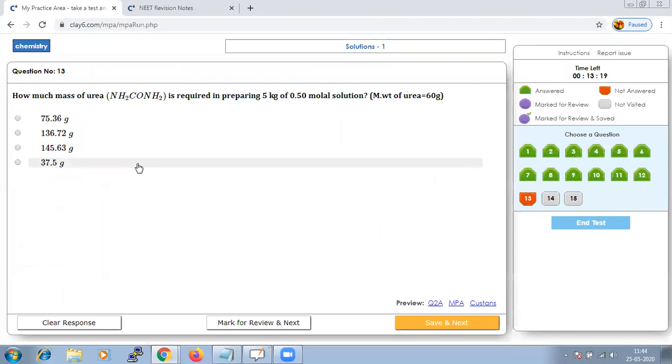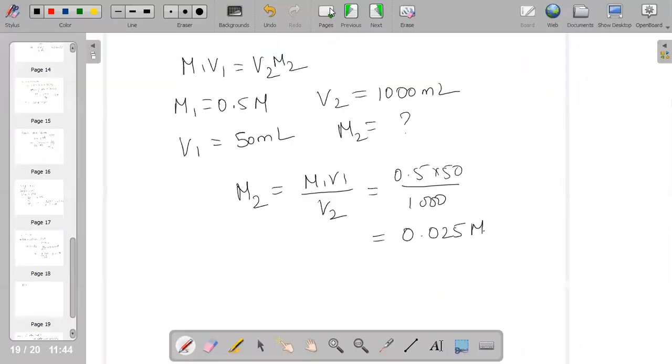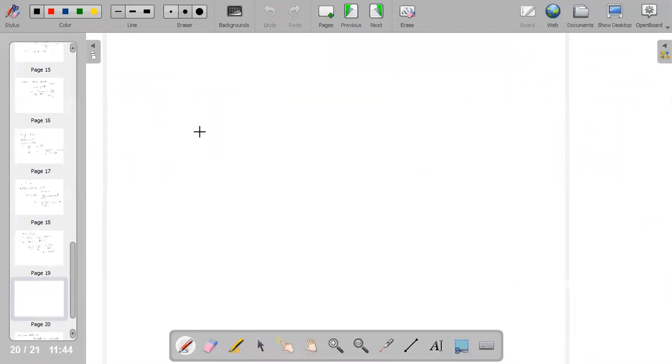So first thing we have to calculate is the molar mass of urea. So what is the molar mass of urea? We get it around 60 gram per mole. And 0.5 molar aqueous solution of urea means that 1000 gram of water is going to contain 0.5 mole.